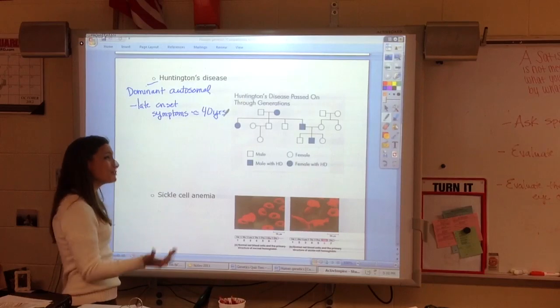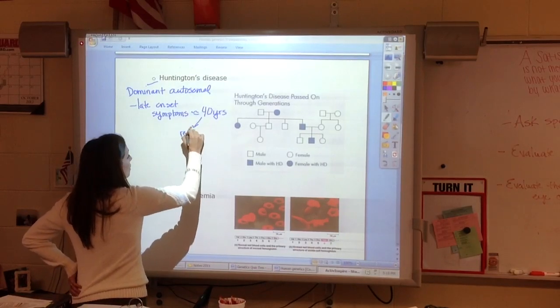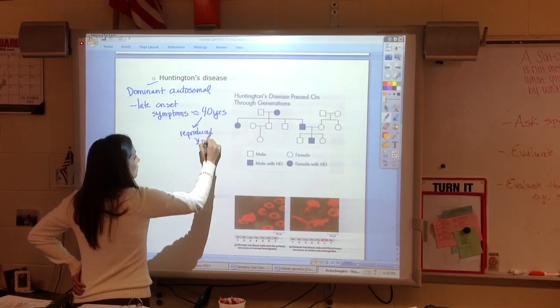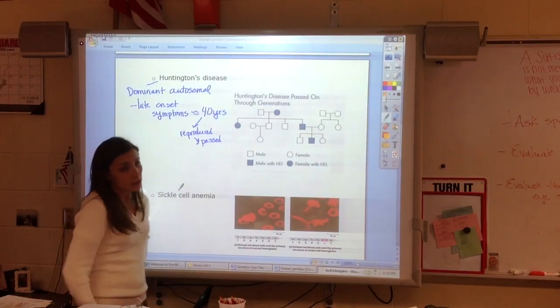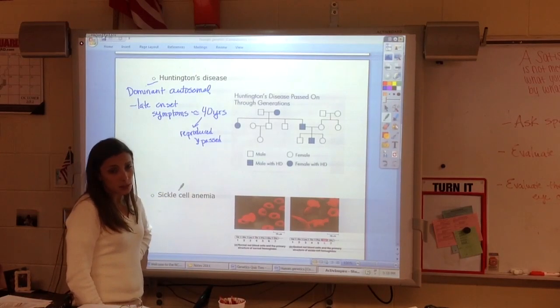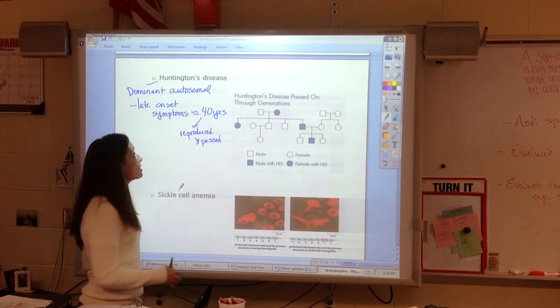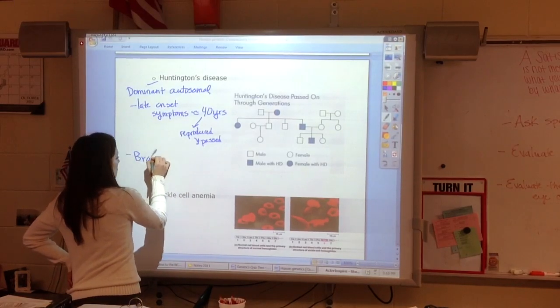And what has usually happened by the time that you're 40 is you have usually already reproduced and possibly passed on that gene. So this is an interesting disease because a lot of people pass it on unknowingly, and they might have decided to not have kids. This disease is another brain degeneration disease.